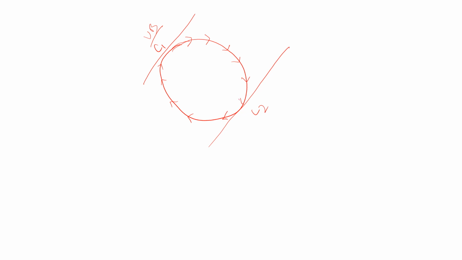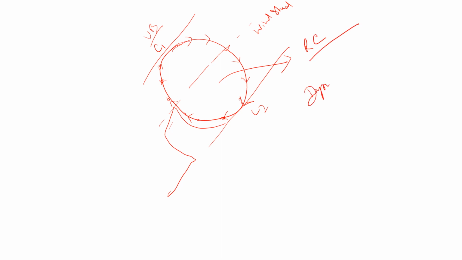Stop, C2. And maybe somewhere here, some imaginary line indicates the wind shear. And this is our wave, correct? And this point is indicating the flying of the albatross. So this is actually the same as the relic cycle or the dynamic soaring.